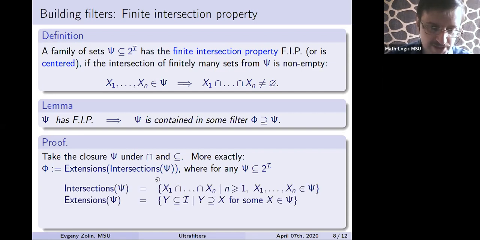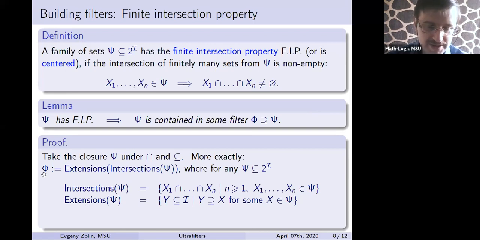Here, the intersection of some family of sets psi is defined as follows: take all possible intersections of some n sets from psi, where n is 1, 2, 3, and so on. So this is again exactly the closure of psi under finite intersection. And then, after that, take all possible bigger sets of the sets x from psi.